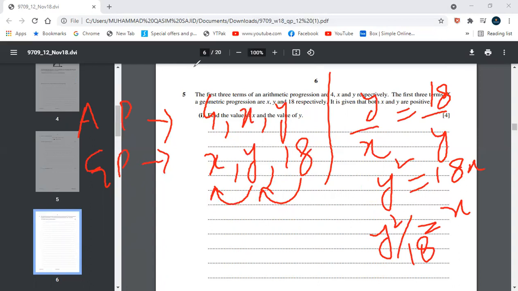Okay, now what is the value of x? This is the first value and this is also the first value.